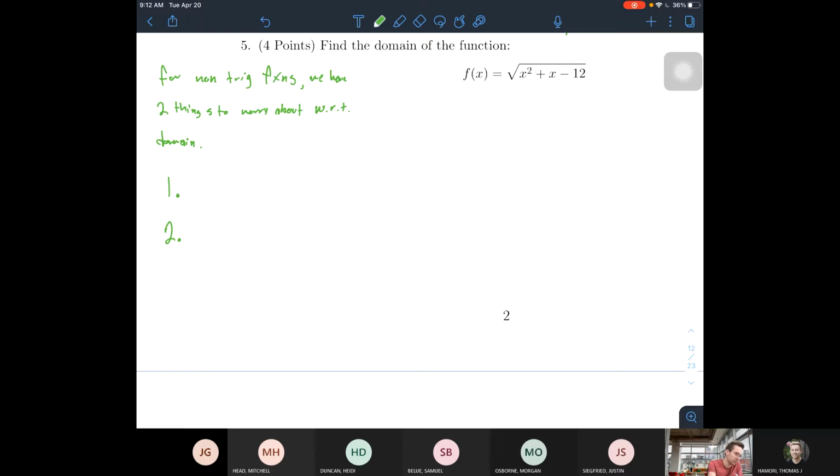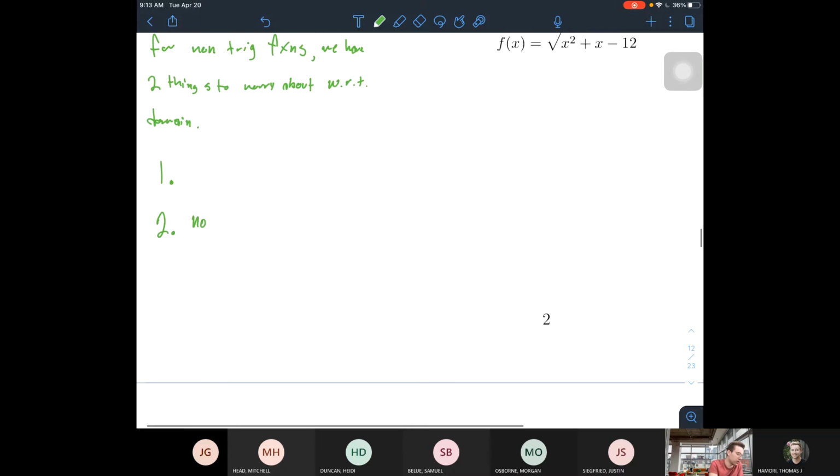Yeah, that's one of them. Actually, even more than no square roots: no even-powered roots of negative numbers.